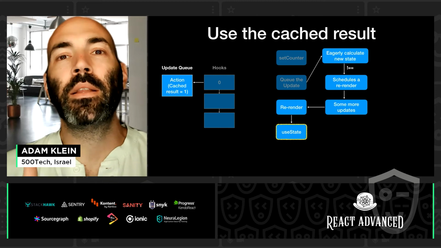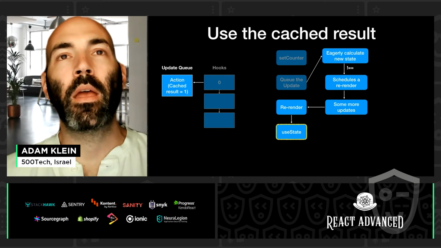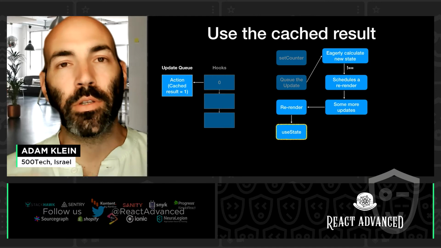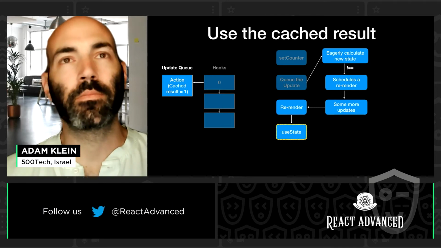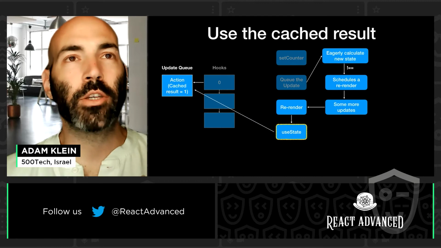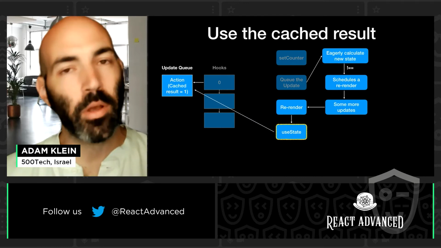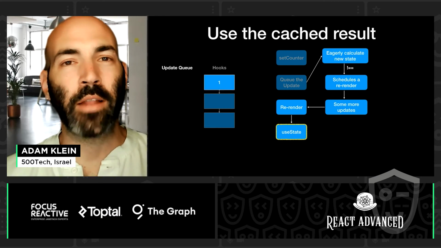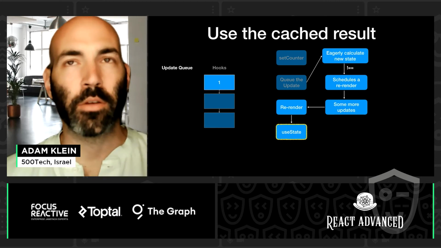It still didn't update the actual value of the hook, but it did store the result of this specific action. So we don't have to compute it again because the result is queued. We update the value of the hook and we continue with the render.